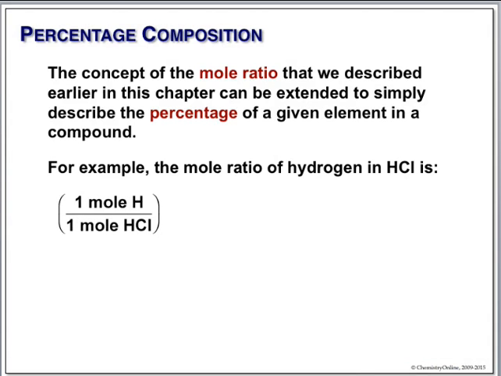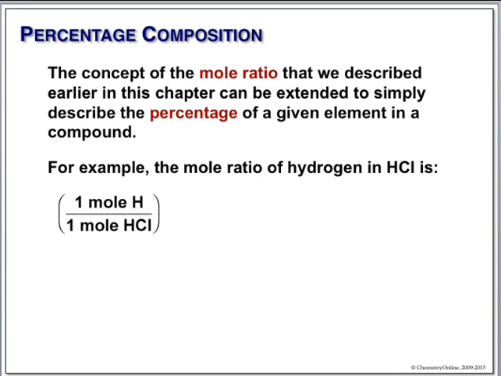In addition to dealing simply with numbers of moles, we can also look at a formula for a compound, and we can express this in terms of a ratio also. Mole ratio, it's called. It's simply the number of moles of each in a compound.